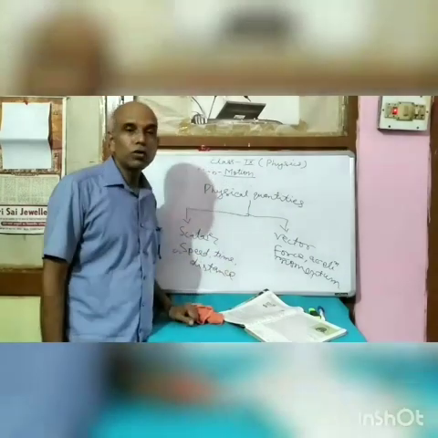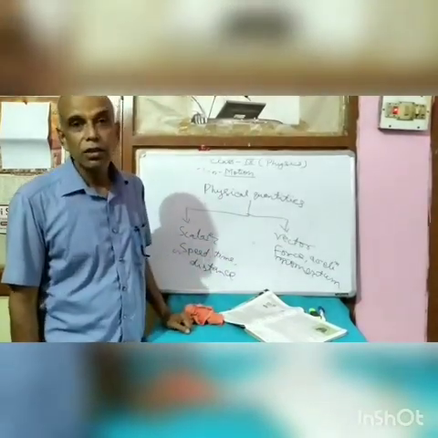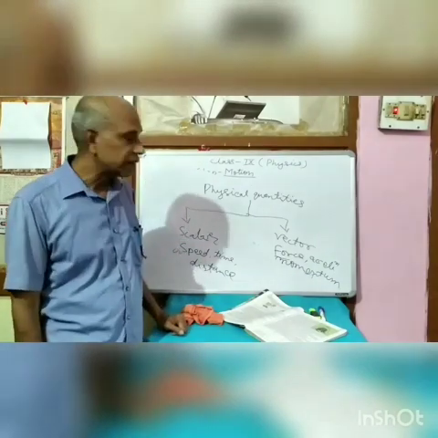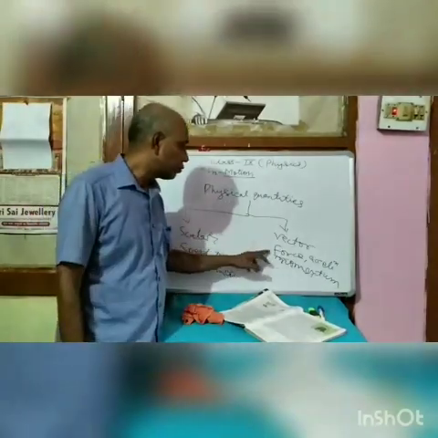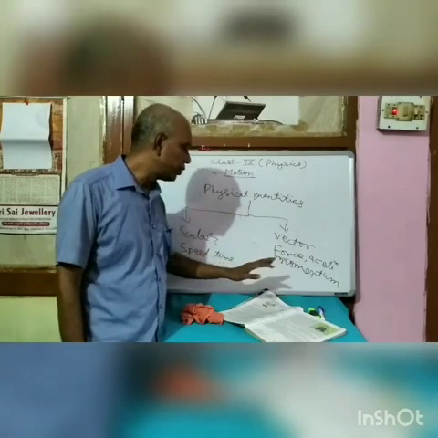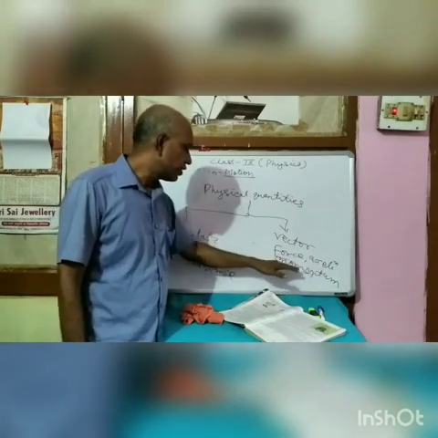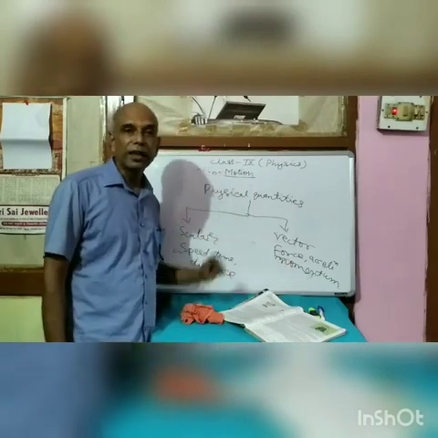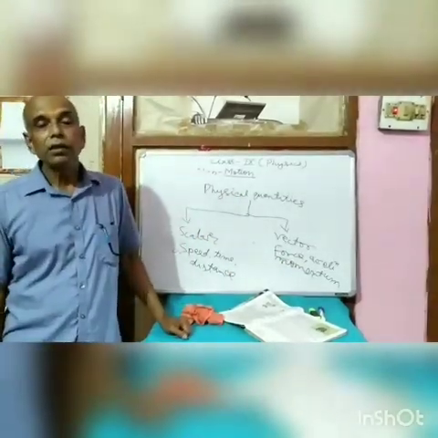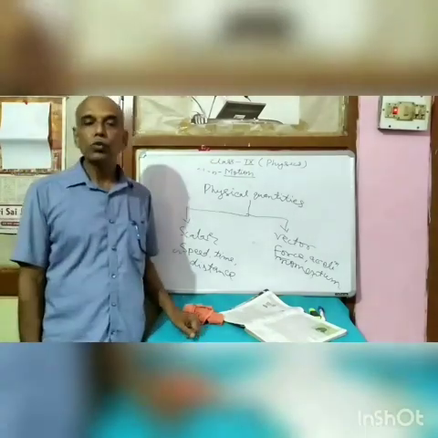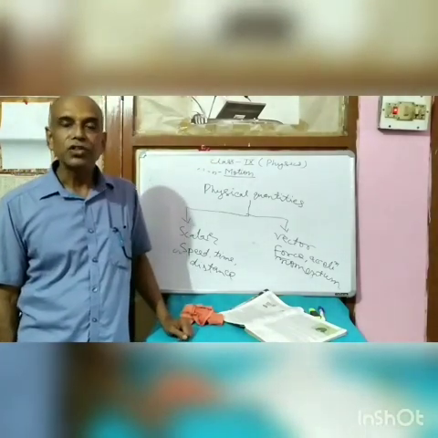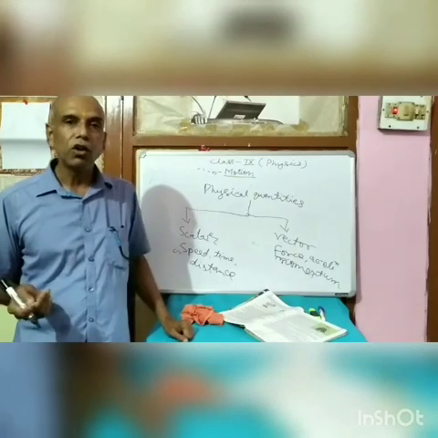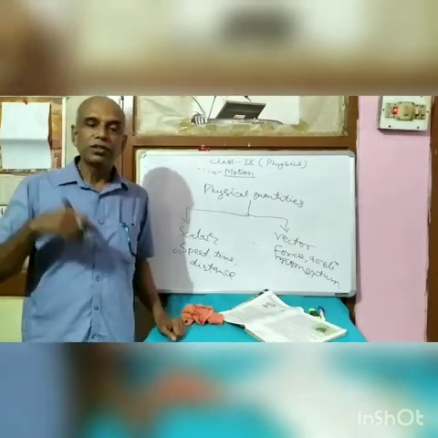Vector quantity: those physical quantities which have both magnitude and direction are called vector quantities. Examples: force, acceleration and momentum. For example, Earth attracts every object towards its center.